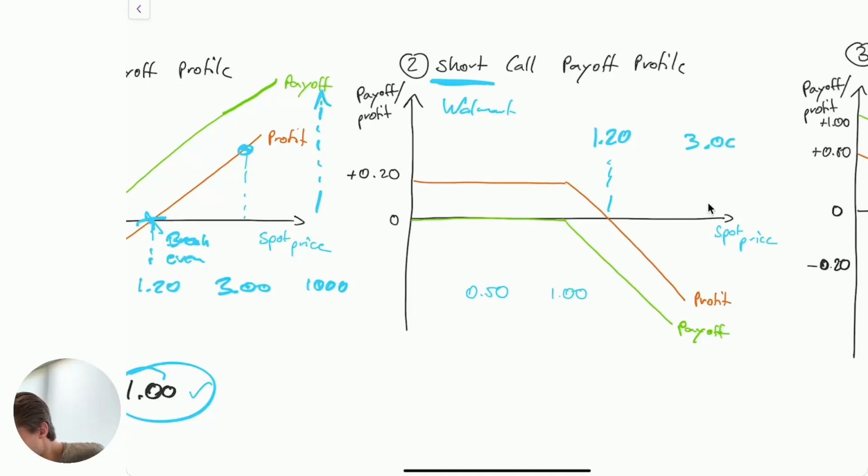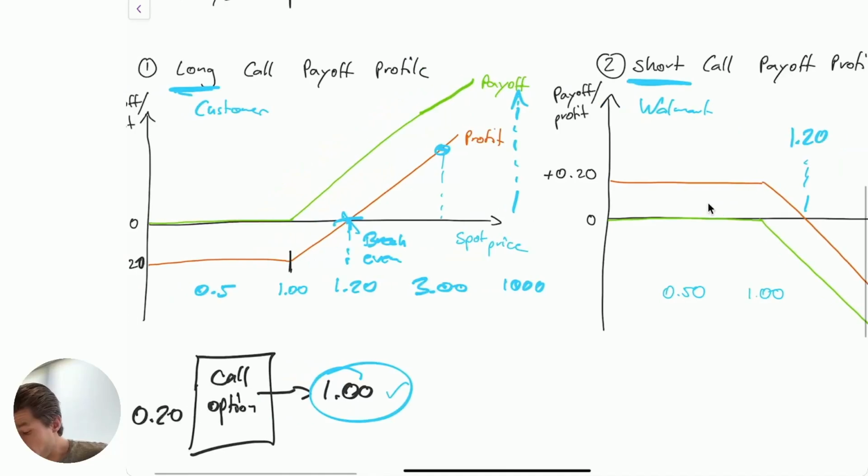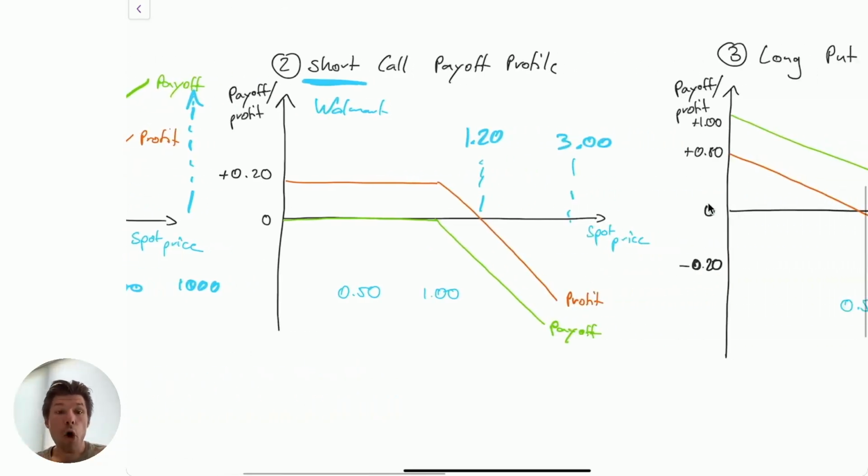Again, if the apple costs $3, then you would use your call option. Despite the price of $3, you would pay for the apple only $1. And then again, Walmart has no option. Walmart has to facilitate the deal.